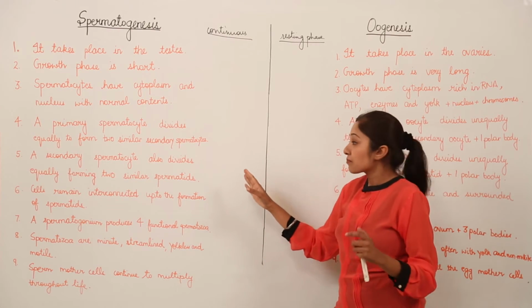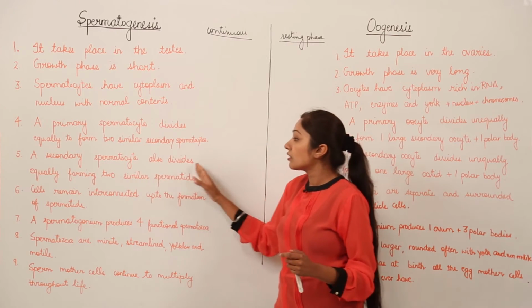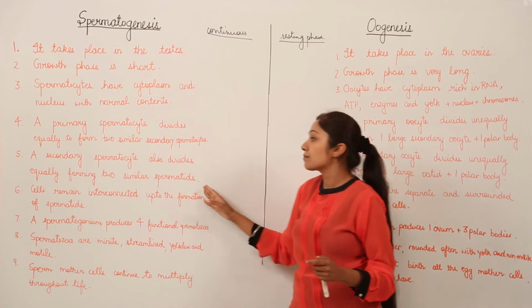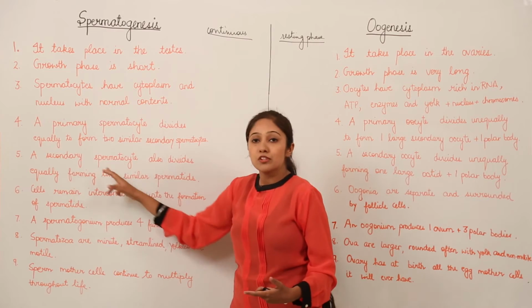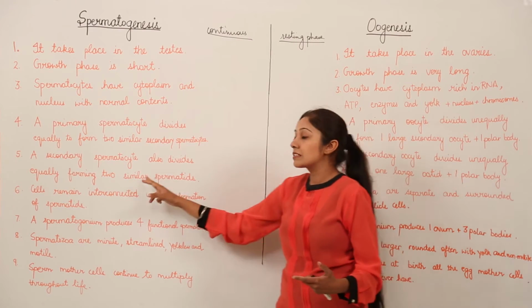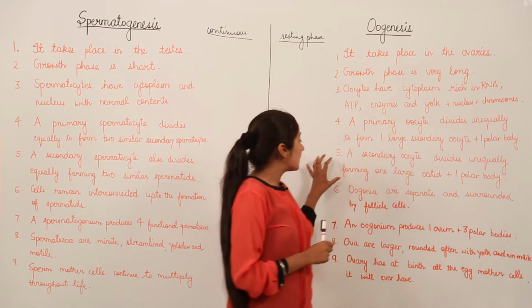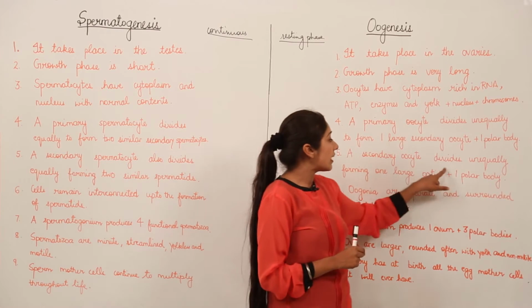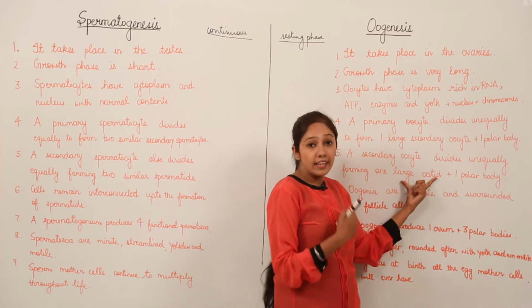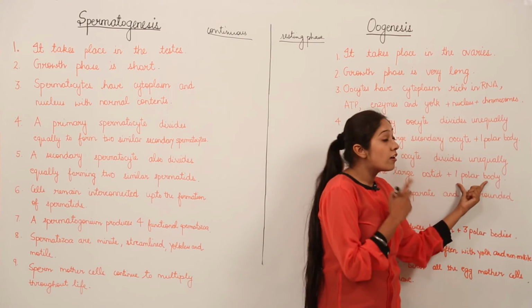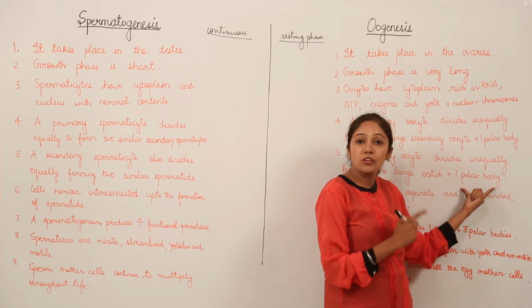Next, fifth point, a secondary spermatocyte also divides equally, forming two similar spermatids. Again, there is equal division. But a secondary oocyte divides unequally again to form one large ootid which is functional, but one non-functional minute polar body.